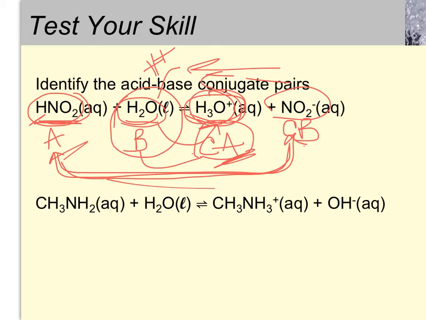It would donate a hydrogen ion to the NO2 minus. So in the reverse direction, the conjugate acid does in fact act like an acid, and the conjugate base does in fact act like a base. So if you have an acid on one side of an equation, it's going to be a base on the other side of the equation.